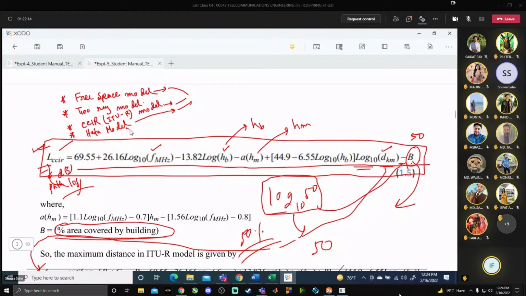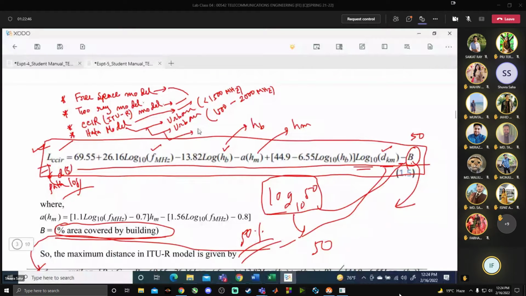But HATA has different branches, like you have for urban, and urban has two, one is up to 1500 megahertz frequency, another is 1500 to 2000 megahertz frequency. This is a summary that we have seen.